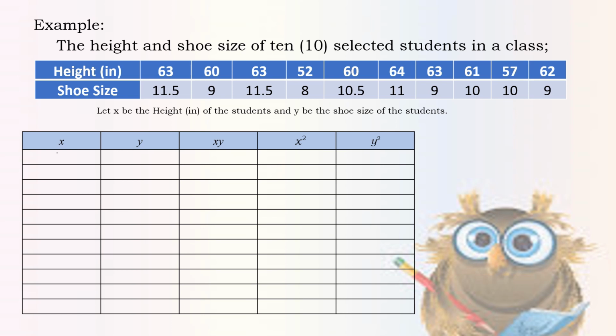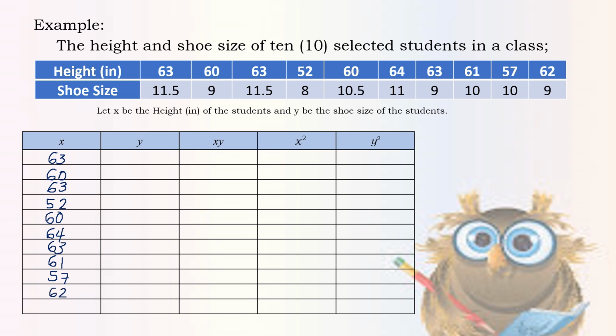Okay, so let's put the X values. We have 63, 60, 63, 52, 60, 64, 63, 61, 57, and 62.